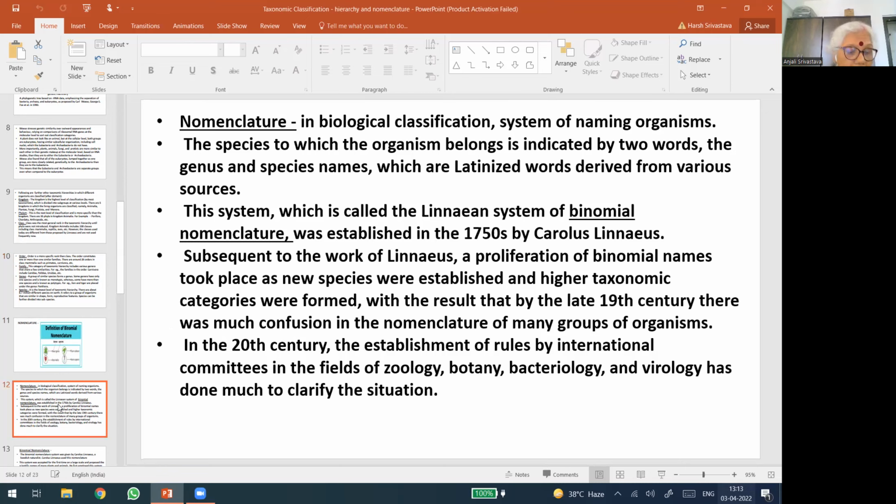So we can say as a whole that nomenclature is the biological classification, or the naming, of any living organism, based on certain international rules accepted to name a particular individual.